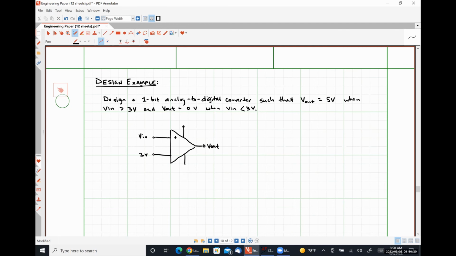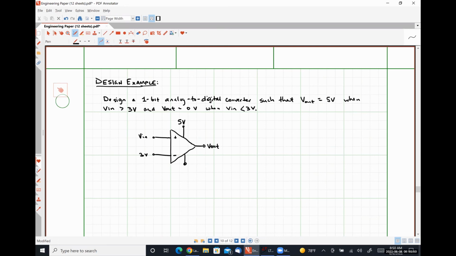So the last things that we need to do to finish up this design is to determine what our supply voltages are, right? Well, our supply voltages are going to be whatever our V out constraints are, because we know that for a comparator, the output signal is either VCC plus or VCC minus. So we want our output voltage to be 5 volts when it goes high. So that means VCC plus is going to be 5 volts.